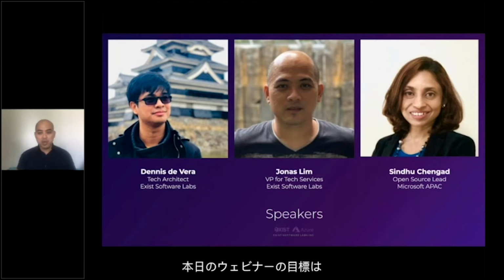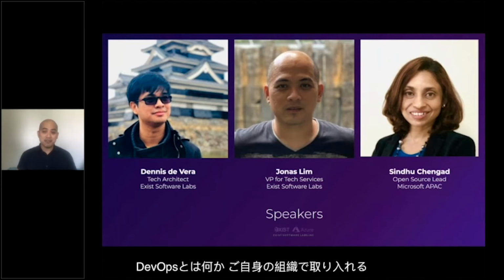Now, at the end of the webinar, our goal is for everyone not only to have a good understanding of DevOps and what it can bring to your organization, but more importantly, to be able to understand what that first step is when going on that DevOps journey. Our goal is for your organization to be thinking, what is that first step for me to go to the DevOps process?